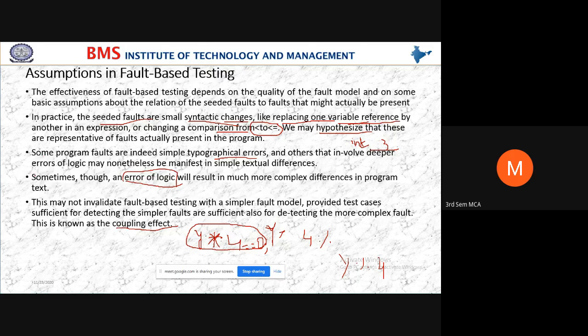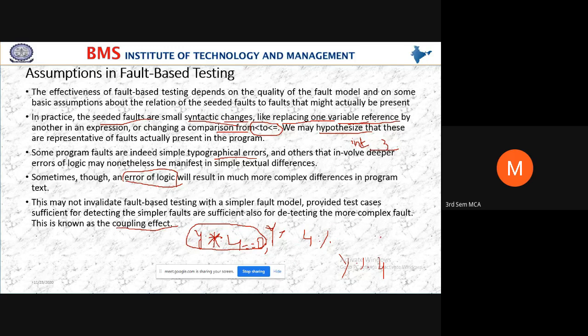So these types of faults we may do in the program. Here they are telling that not only rectifying these faults in fault detection, rectifying these faults is not sufficient. We have to provide sufficient test cases to find the faults in the program.